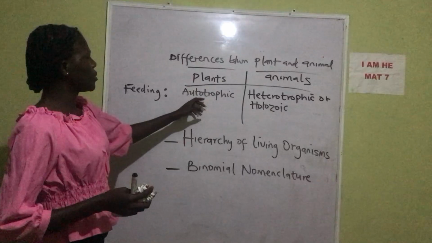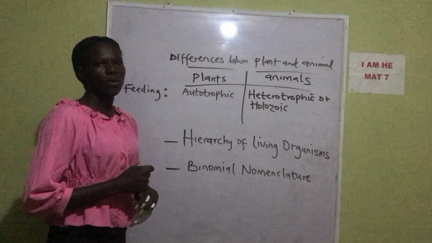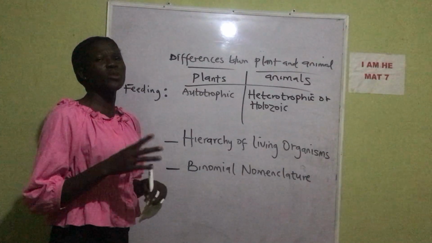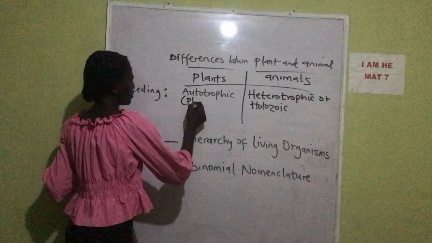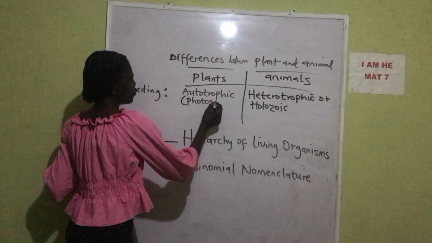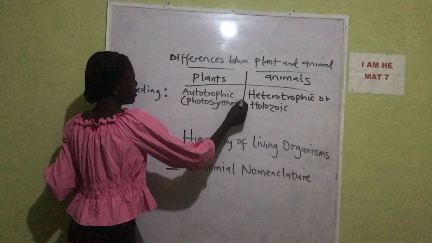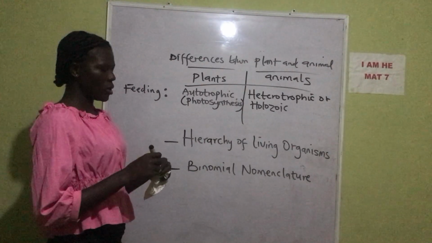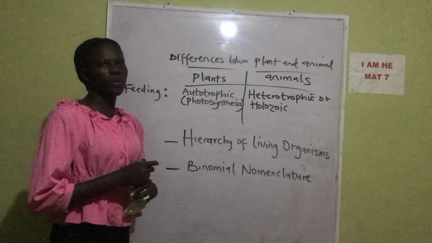Autotrophic form of nutrition means plants manufacture food by themselves, with the help of sunlight through the process of photosynthesis. They use sunlight to make food for themselves.